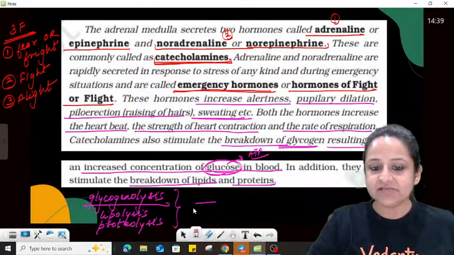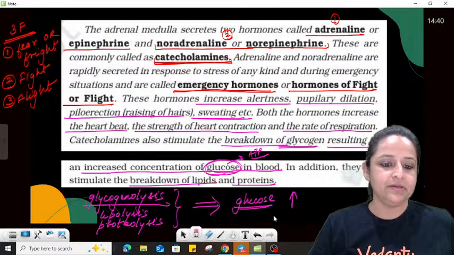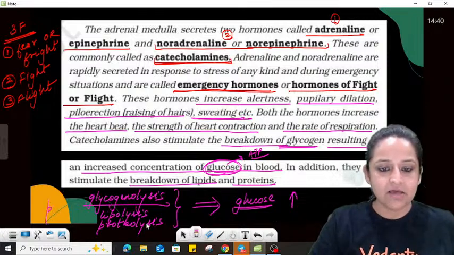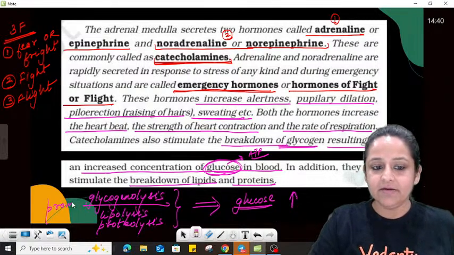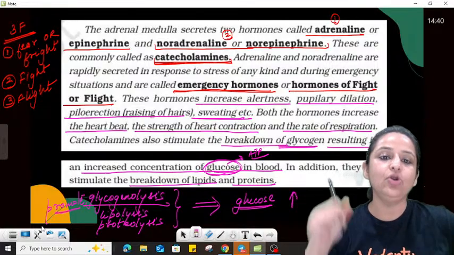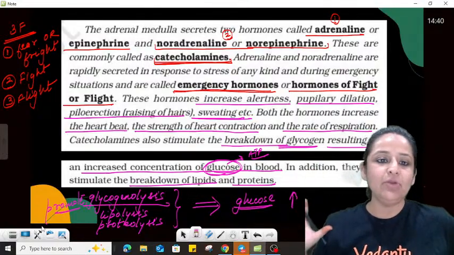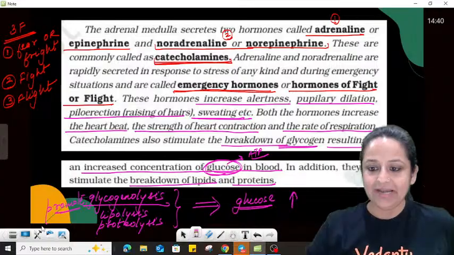All of these are done so that more and more glucose is accumulated in the blood. These things are done by the adrenaline and noradrenaline hormones. I hope the adrenal medulla is sorted.